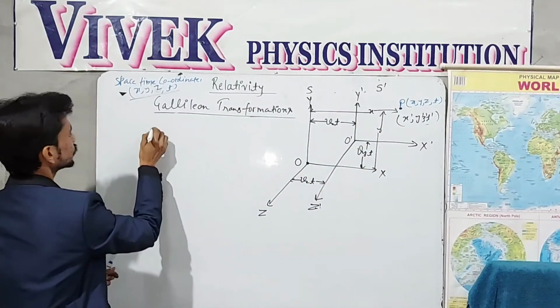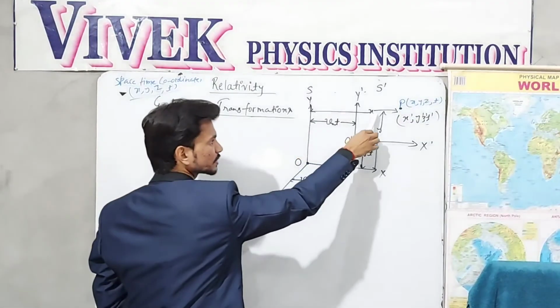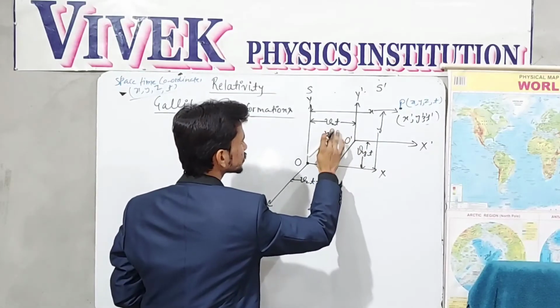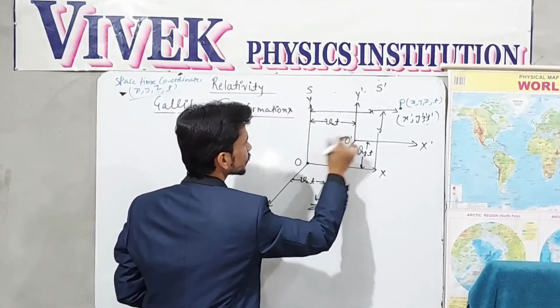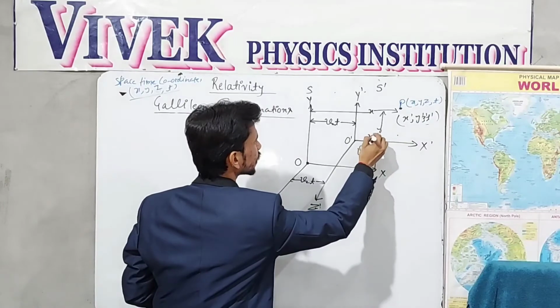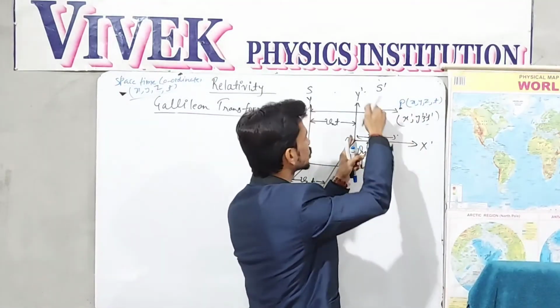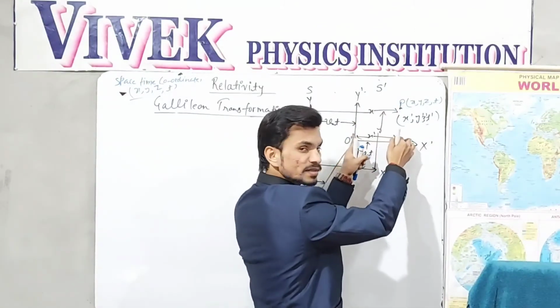So this position is x dash, the position of P according to S dash.